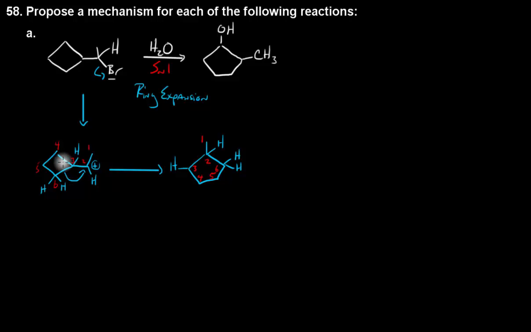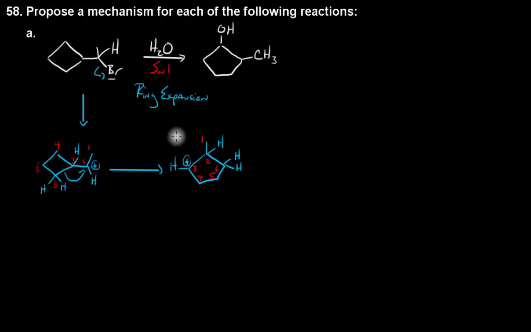Carbon 3 used to have 1, 2, 3, 4 bonds. Once we broke that 6-3 bond, that bond's gone. So we're not adding anything to 3, we're only removing things from carbon 3. So because of that, we now have a 4 - 3 situation, so we're going to have a positive charge on 3. And this is totally fine, there's nothing wrong with this at all.